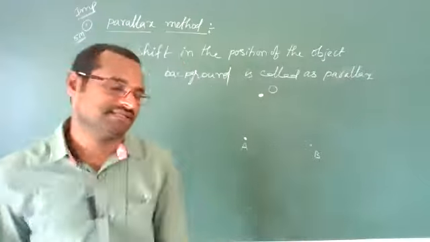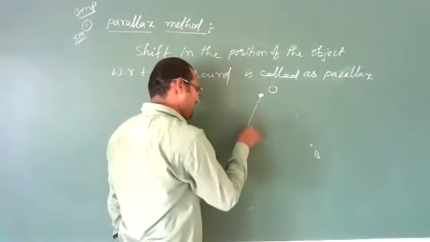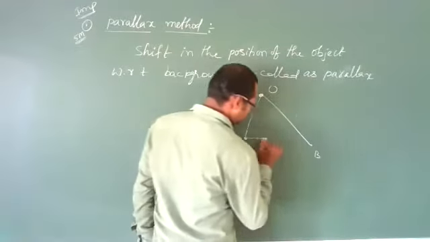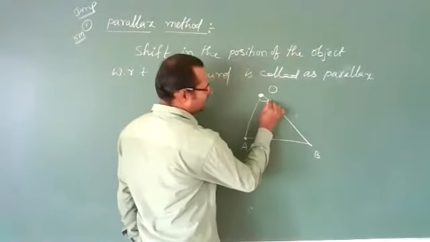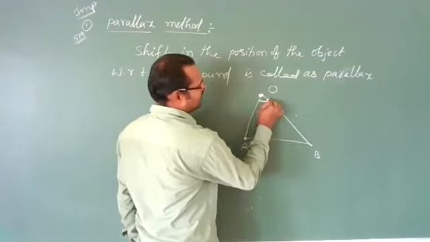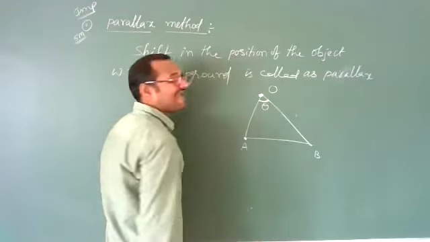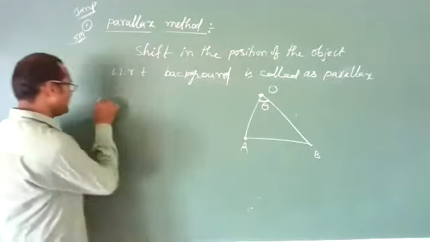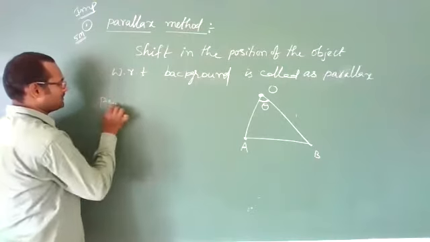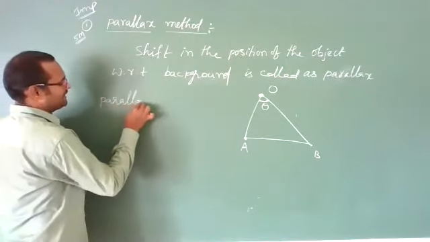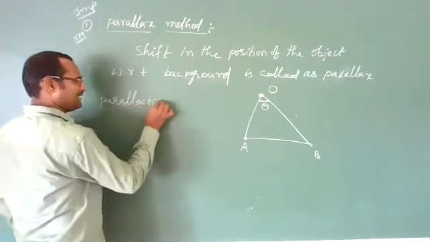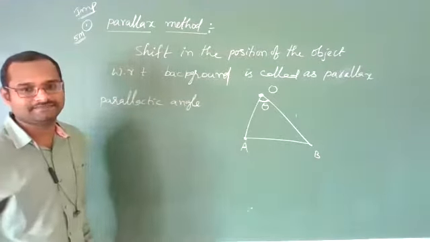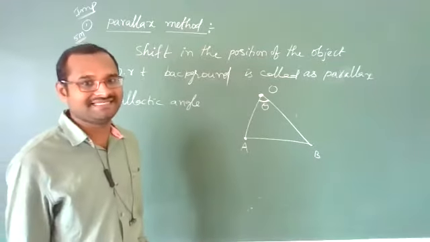Now you draw a triangle like this. These two lines will intersect, making an angle here. This angle is called the parallactic angle, or parallax angle.